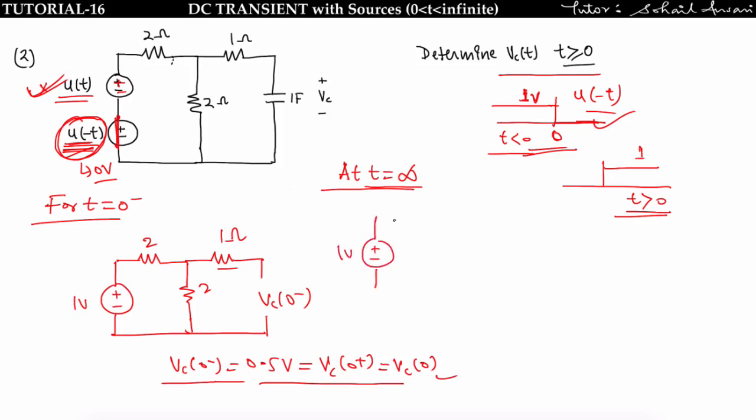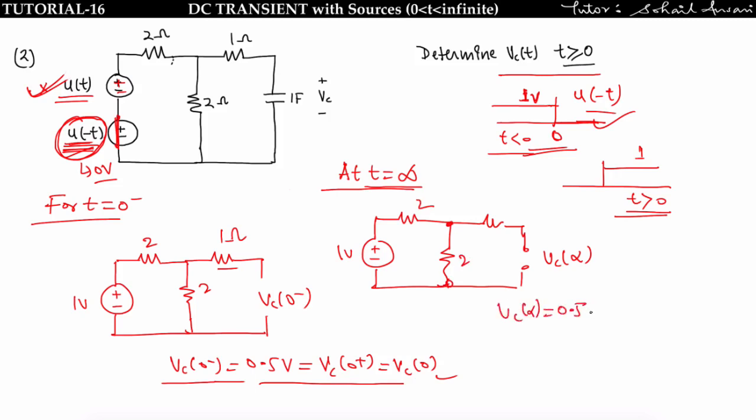So at t equal to infinity, you will get the same circuit as at t equal to 0 minus; this capacitor will be open circuited and we will find Vc of infinity. Again I get the voltage across this 2 ohm resistor, which is equal to 0.5. So Vc of infinity is also equal to 0.5 volt.